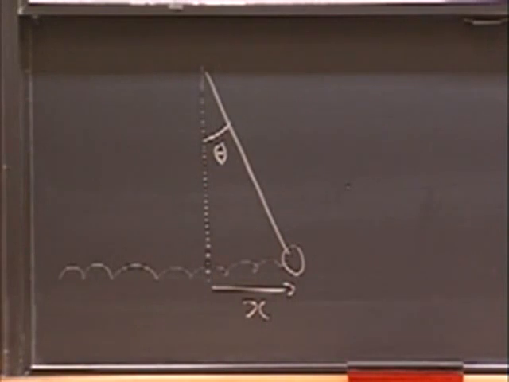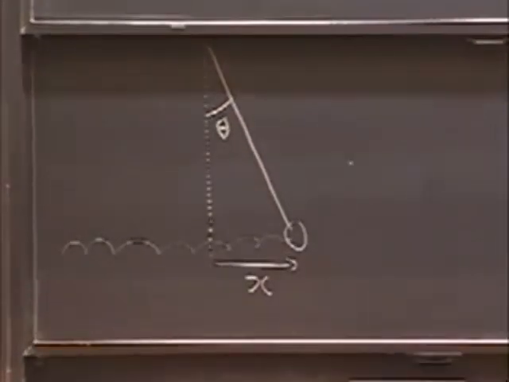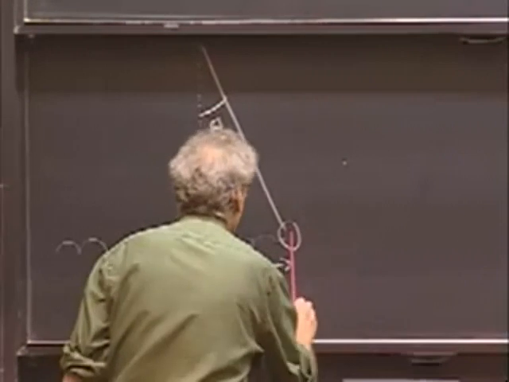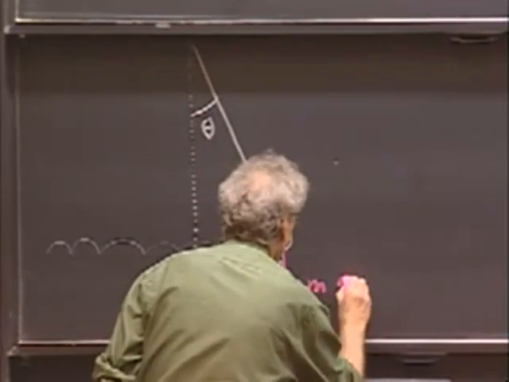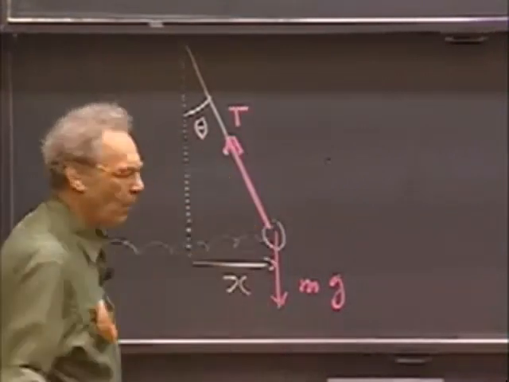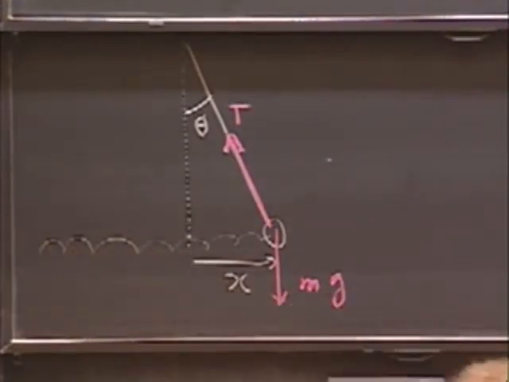And the other one is on the other side. Let's put in all the forces that we can think of. So there's gravity, mg. There is tension, T. But there's more. What else is there?